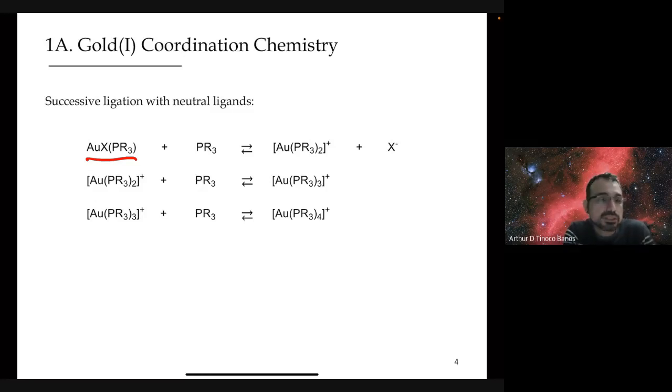And so here is just a suggestion of the type of ligand exchange that can occur, where you have the formation of 1 gold with 2 phosphines, and then the successive ligations of additional phosphines, leading to as many as 4 phosphines coordinated to that metal center. And so coordination number 4 for gold 1 tends to have a tetrahedral geometry.